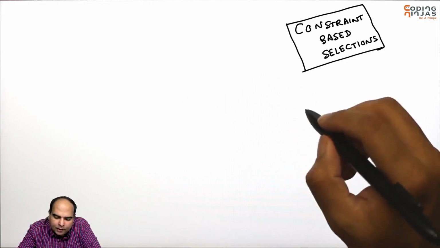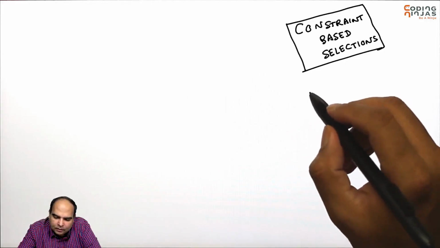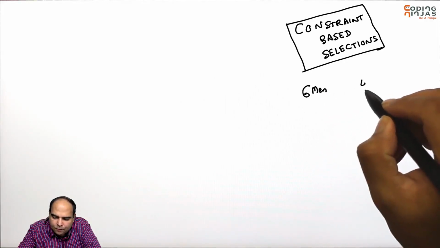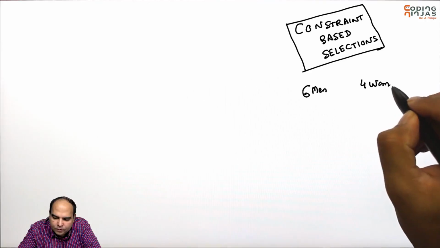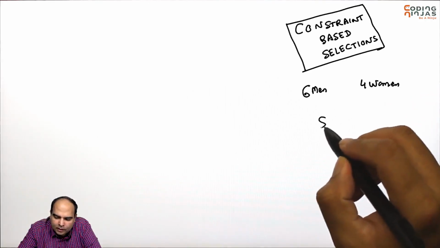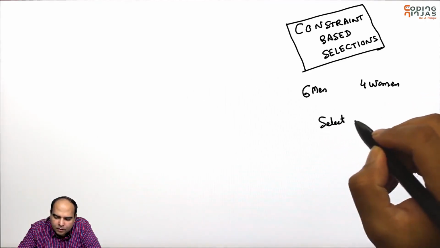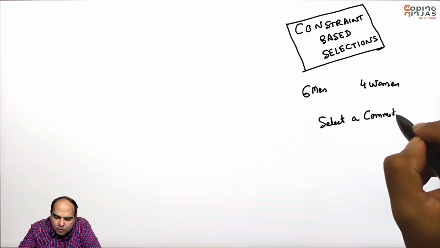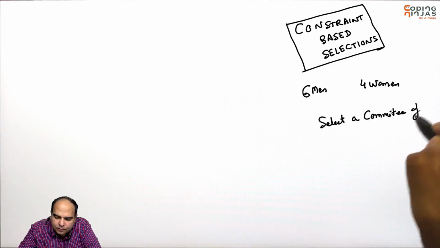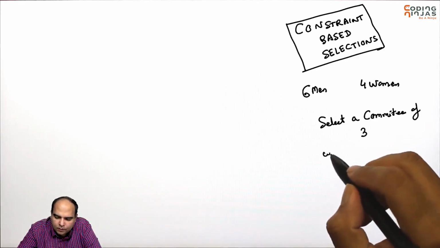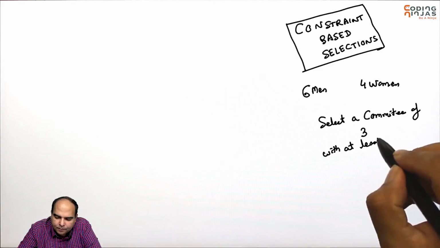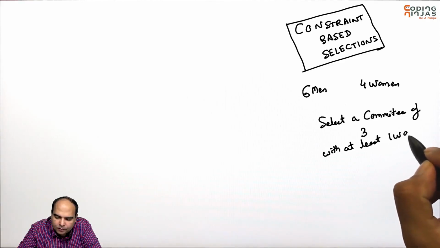For example, if I tell you that there are 6 men and 4 women, and you have to select a committee of 3 with at least 1 woman.